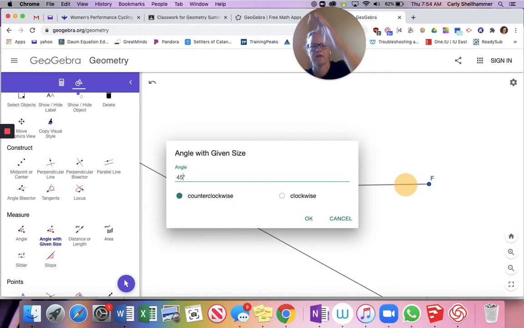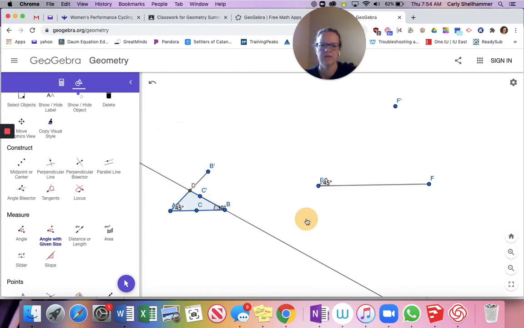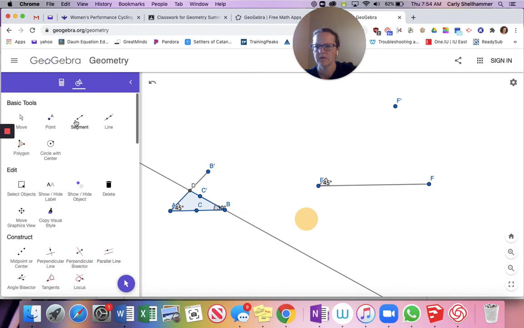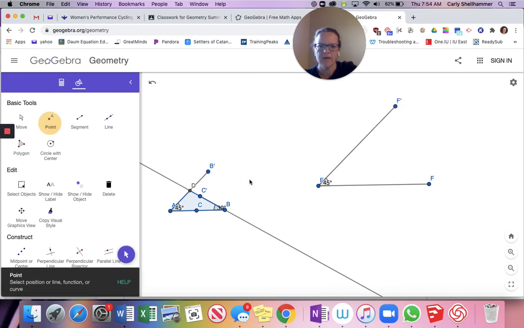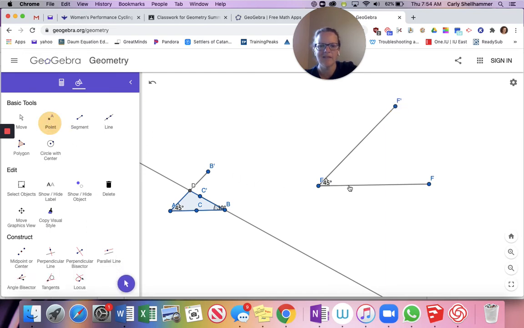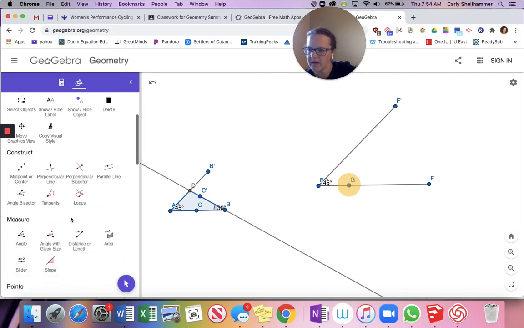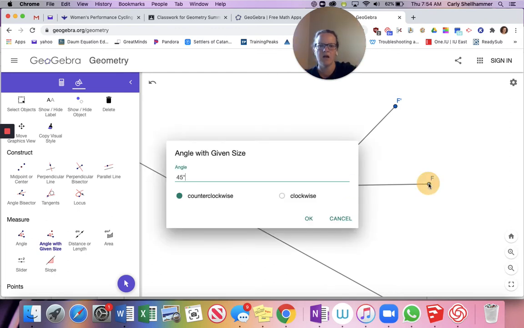We want to go counterclockwise. And then I'm going to put a point on it, about right there, and do another angle. So select the point and the vertex, and I want to go clockwise, 30 degrees.